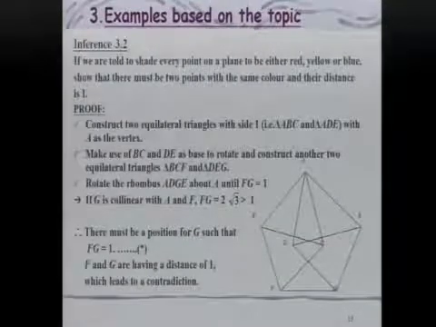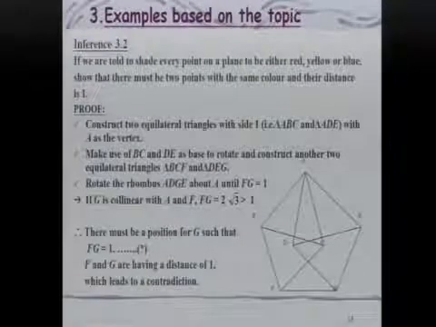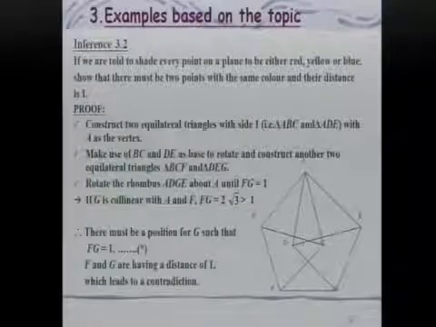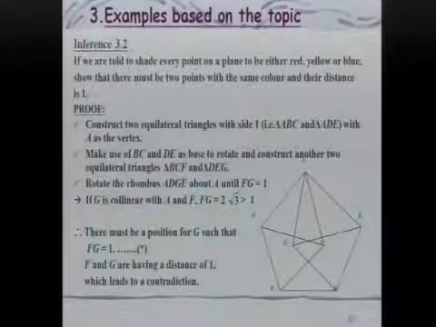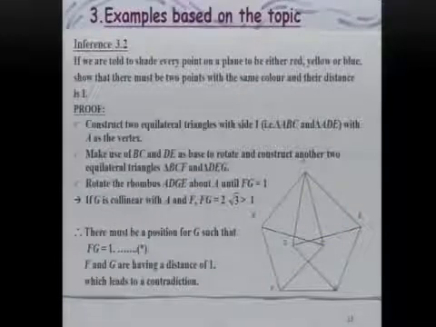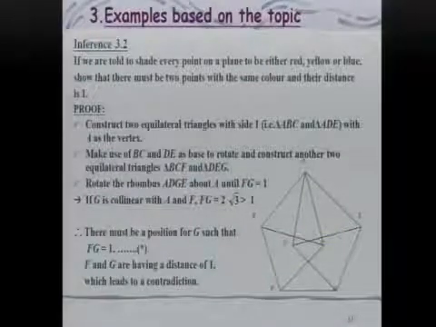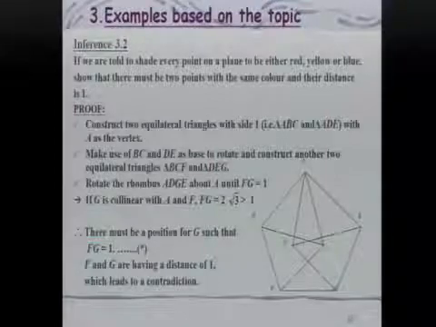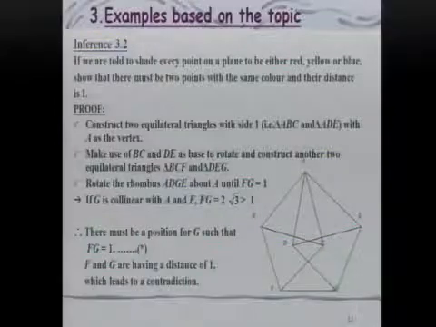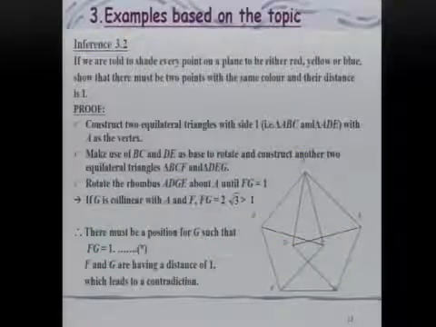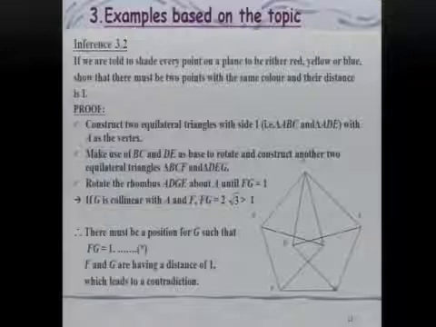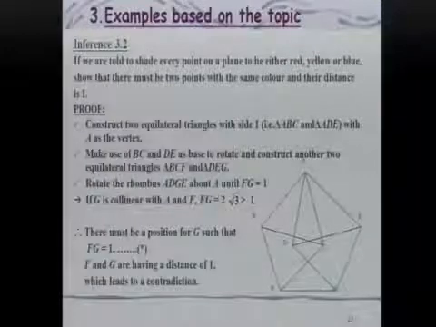On top, inference 3.2 requires us to prove that there must be 2 points with the same color and distance 1 when 3 colors are used to paint a region. The proof involves geometric construction techniques by rotating the rhombus ADGE about A to form FG, which is equal to distance 1. I will discuss it in detail in the next part.